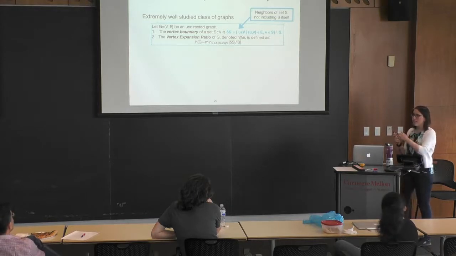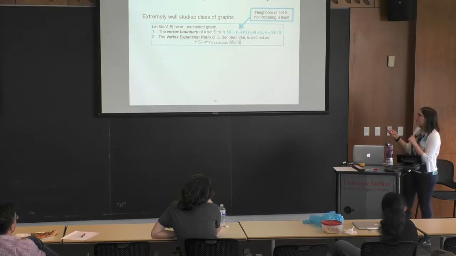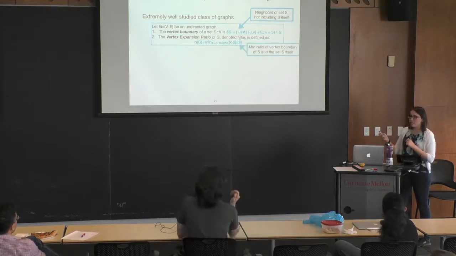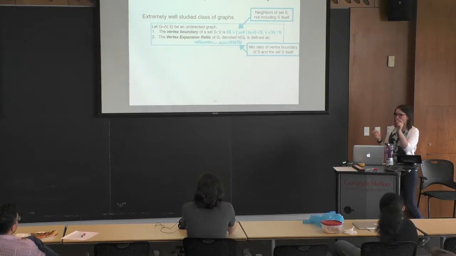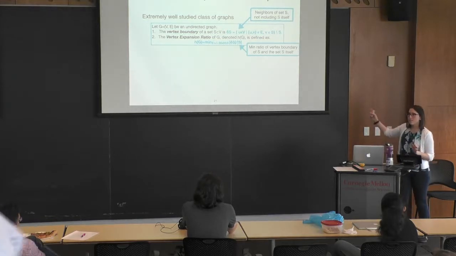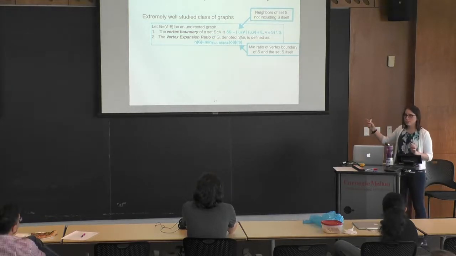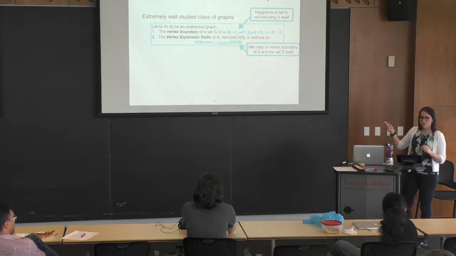Right, so for expanders, we look at some subset of the vertices in a graph, and we look at the set of its neighbors. That's going to be our vertex boundary. Then we ask, in my graph, if I look at the ratio between the vertex boundary size and the set size for every possible set, what is the minimum ratio that I get? So what is the worst set that has very few neighbors?